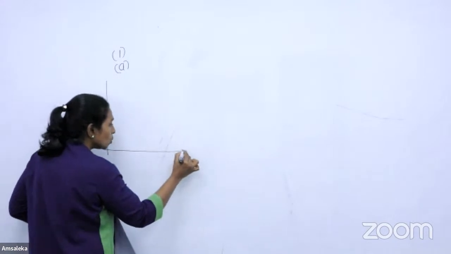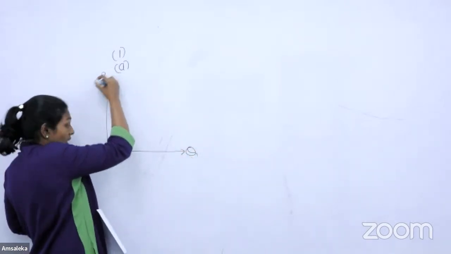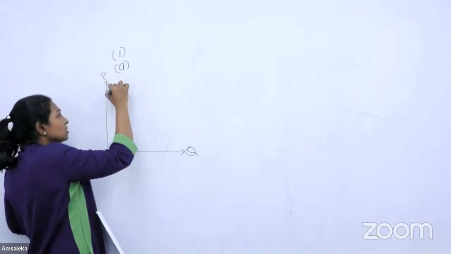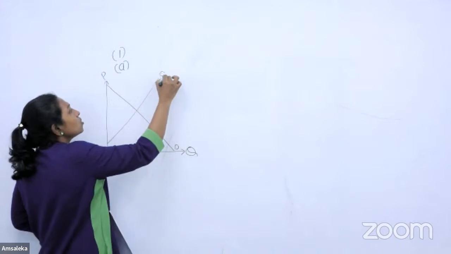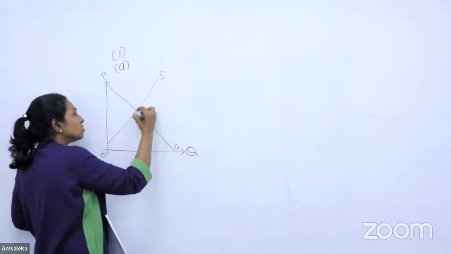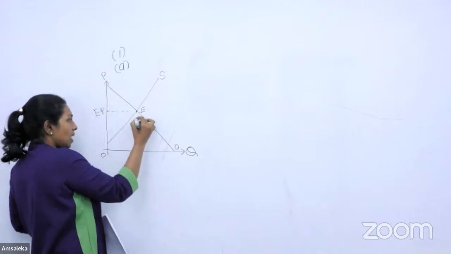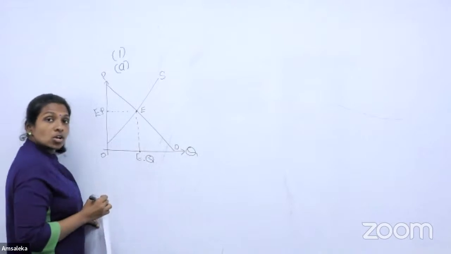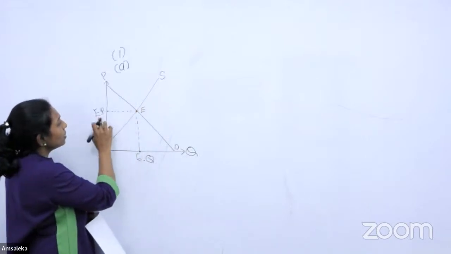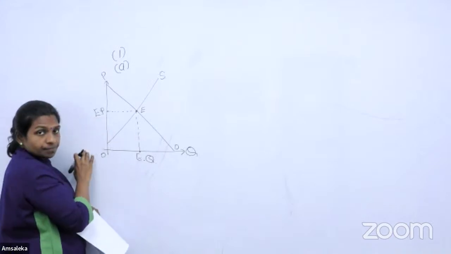Same story: Q, 0, I mean the origin, P price, a downward sloping demand line, and an upward sloping supply line. This is your equilibrium point and equilibrium price, and this point here is the equilibrium quantity. This is the point where both parties are willing to buy and sell.